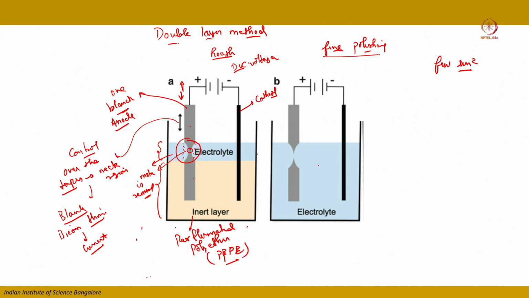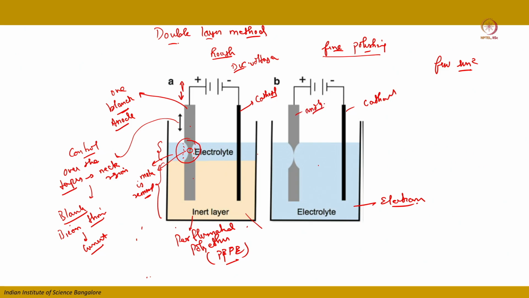In fine polishing, the inert layer is not used; the complete electrolyte is used, with a different concentration. This is your cathode, this is your anode.